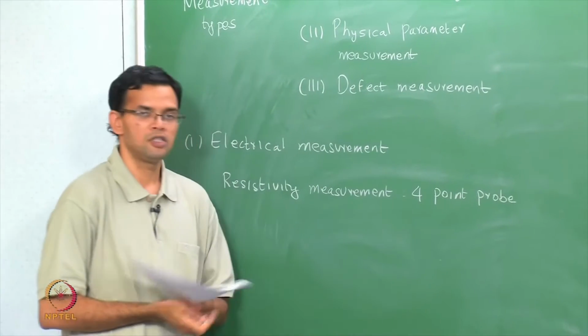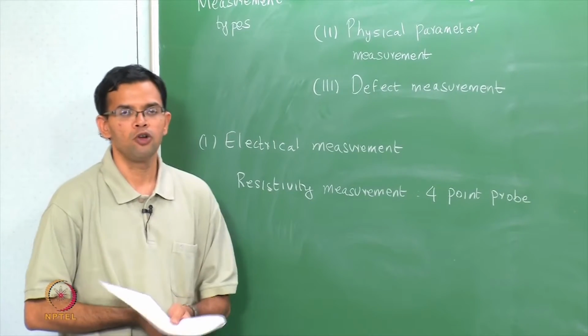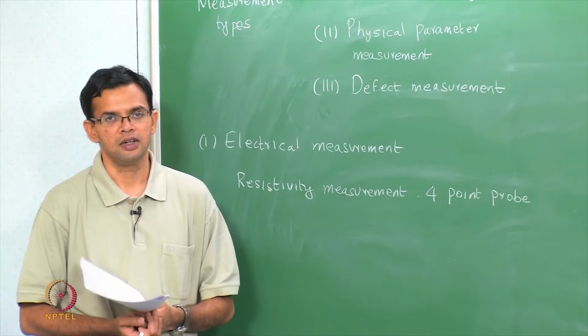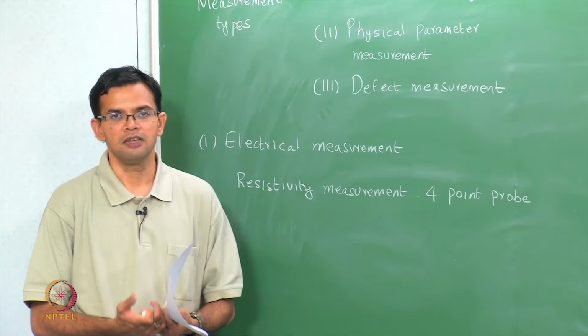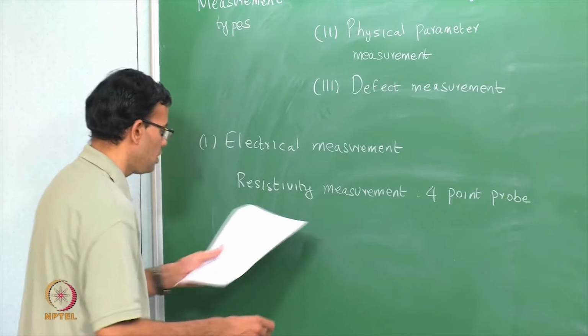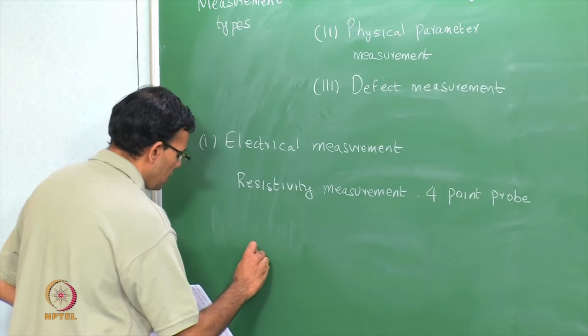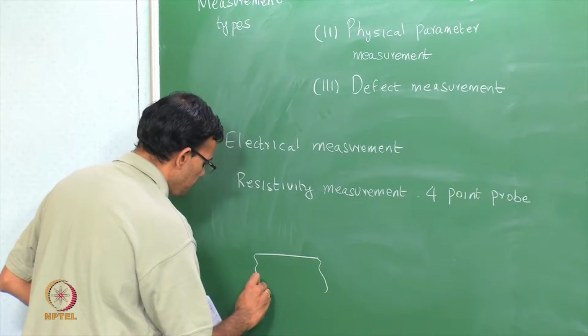So, this consists of 4 probes, 2 probes for measuring the voltage, 2 probes for sourcing the current. So, that resistance is nothing but voltage over current. To give an example of a 4-point measurement, consider a wafer substrate.